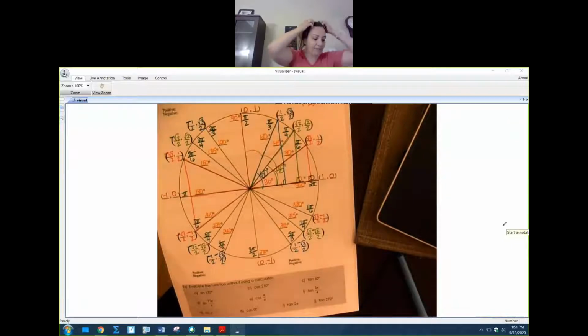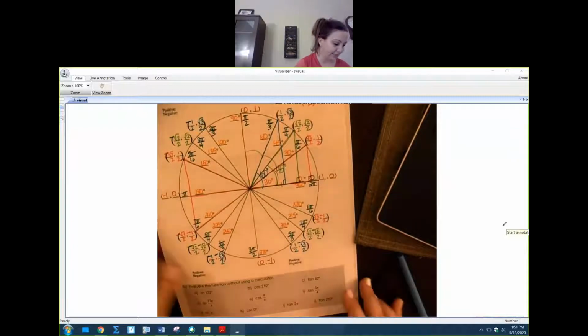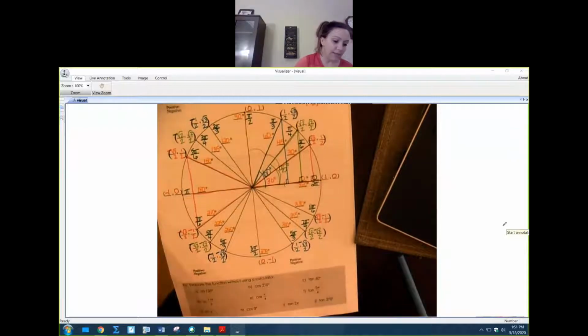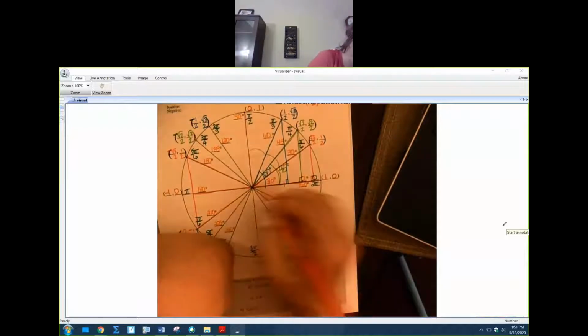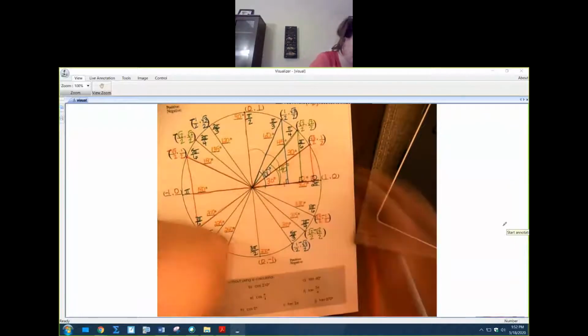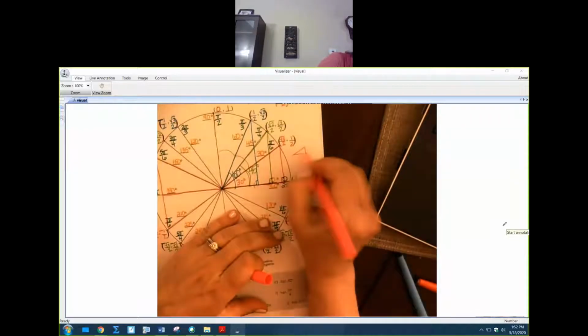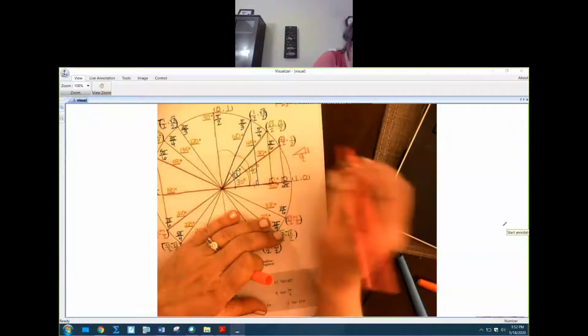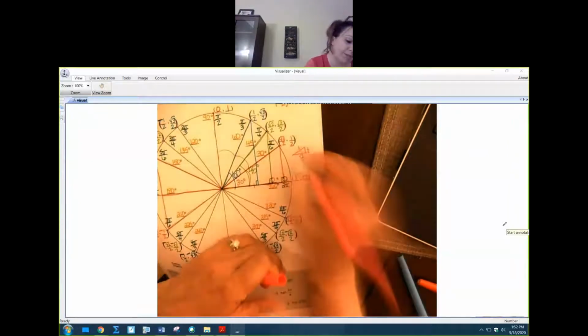Okay, so now as far as evaluating goes, how we would evaluate these different pieces. Let's look at the pink triangle, for example. Notice that in the pink triangle, the x coordinate was root 3 over 2, the y coordinate was 1 over 2, and the hypotenuse was 1.